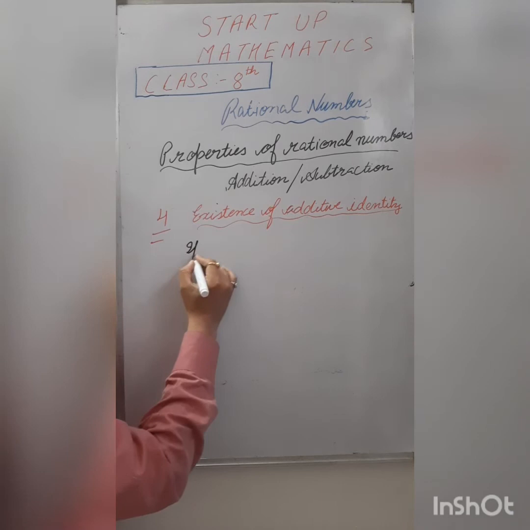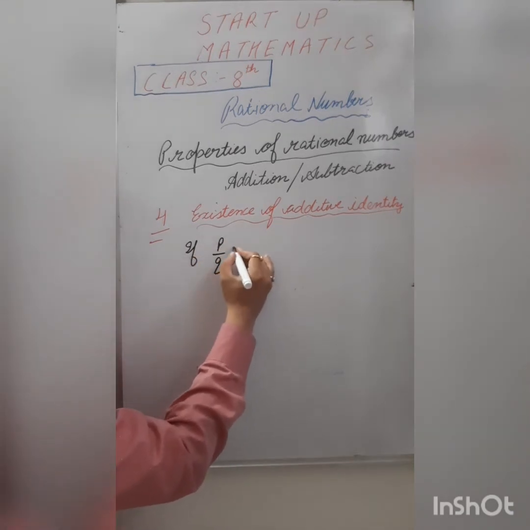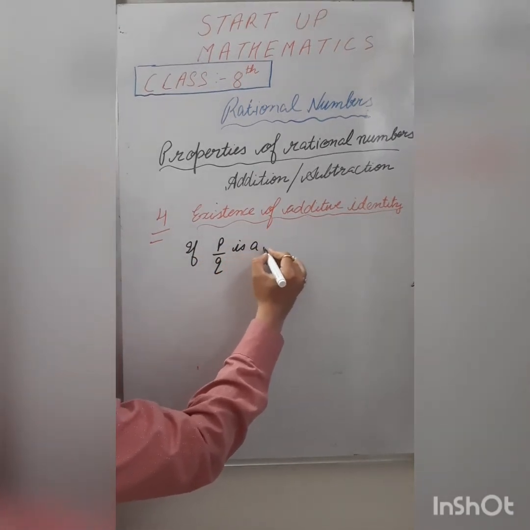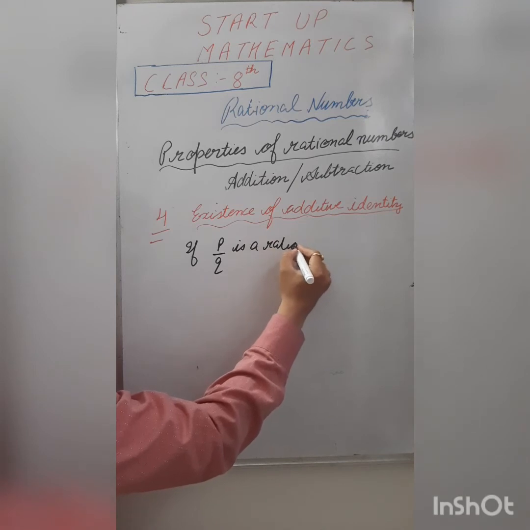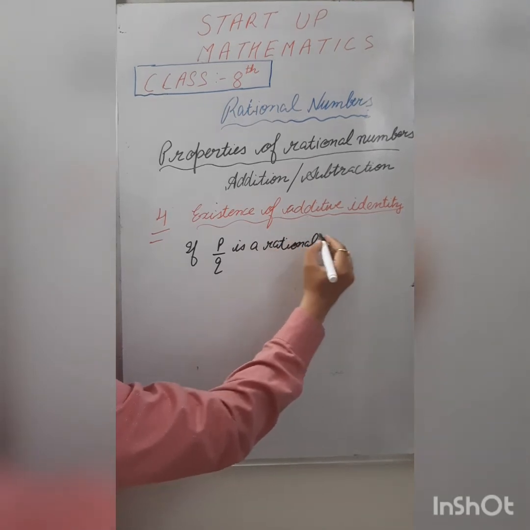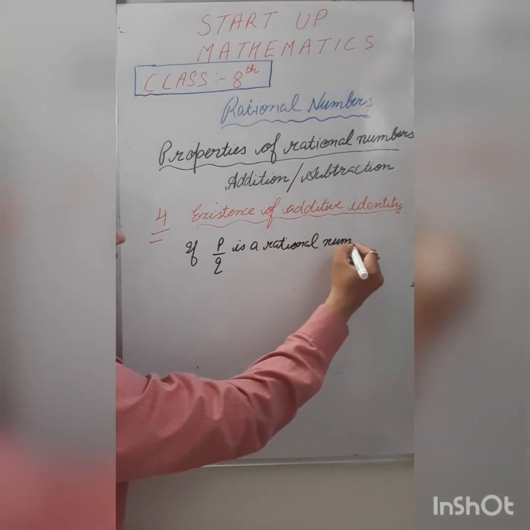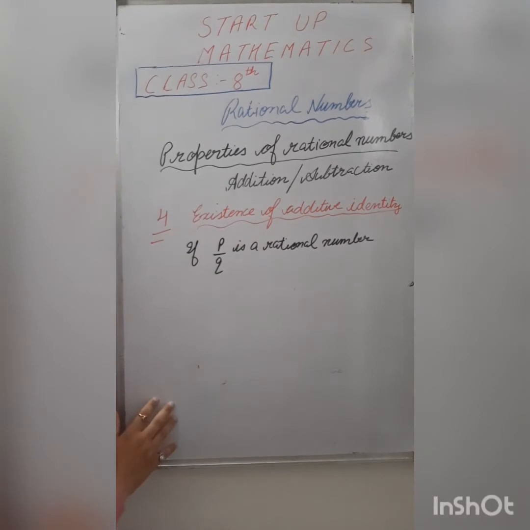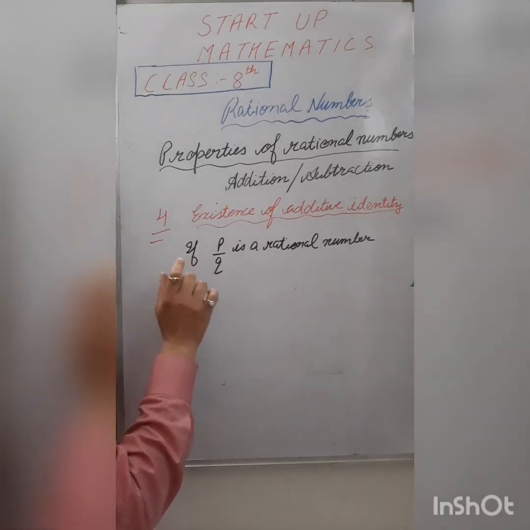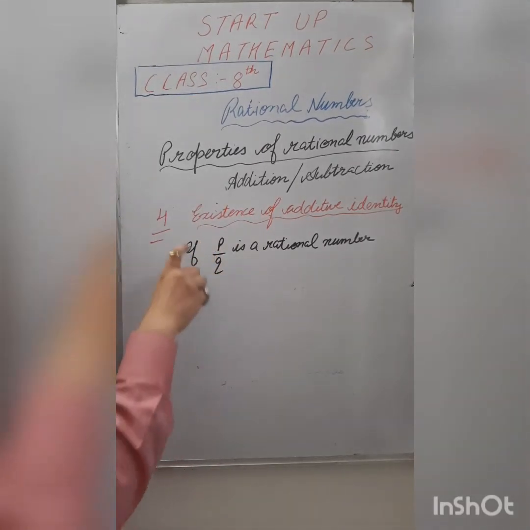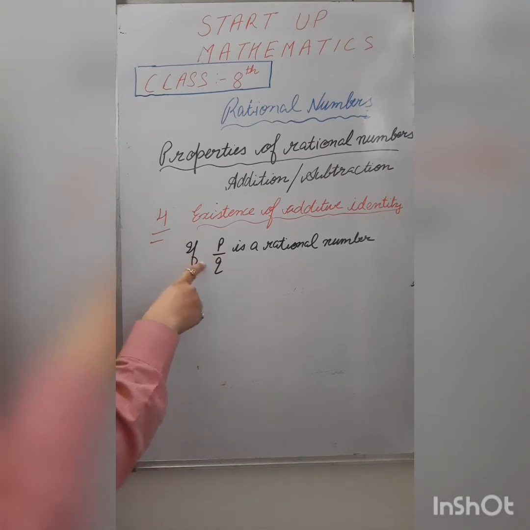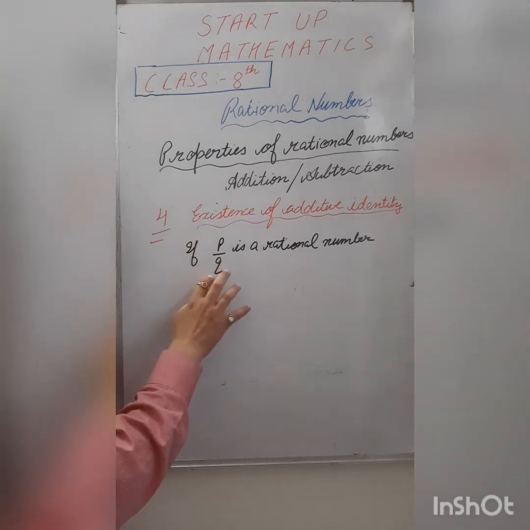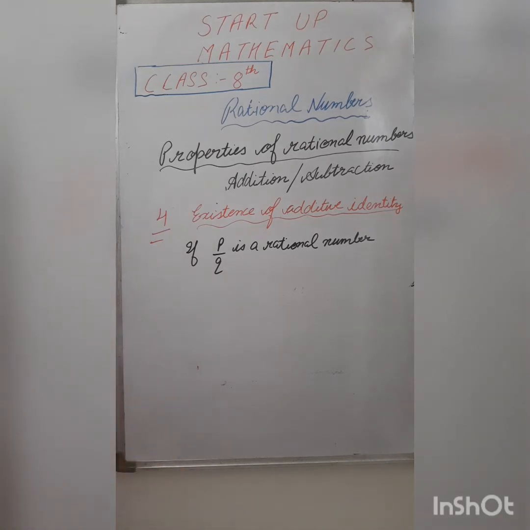If p by q is a rational number, this is a given rational number, okay? What is actually the meaning of additive identity? Here, what should we add to the given rational number so that it does not lose its identity?